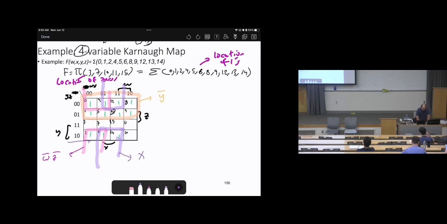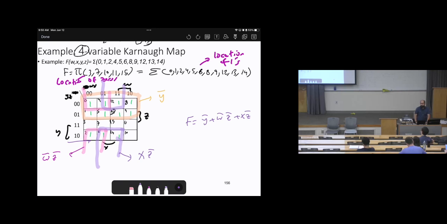This is in y, this is in y bar, so of course this is not y. Then z will be within the z bar area. So x z bar. As a result, f will be y bar plus w bar z bar plus x z bar.